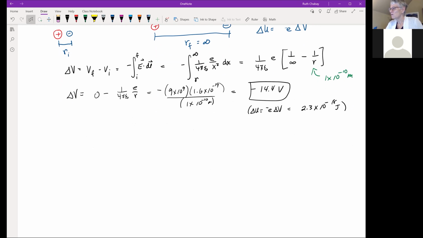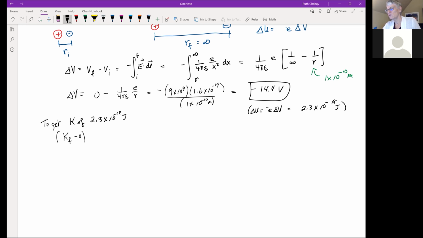Okay, so to get this amount of kinetic energy, 2.3 times 10 to the minus 18 joules, the electron has to travel through a potential difference.